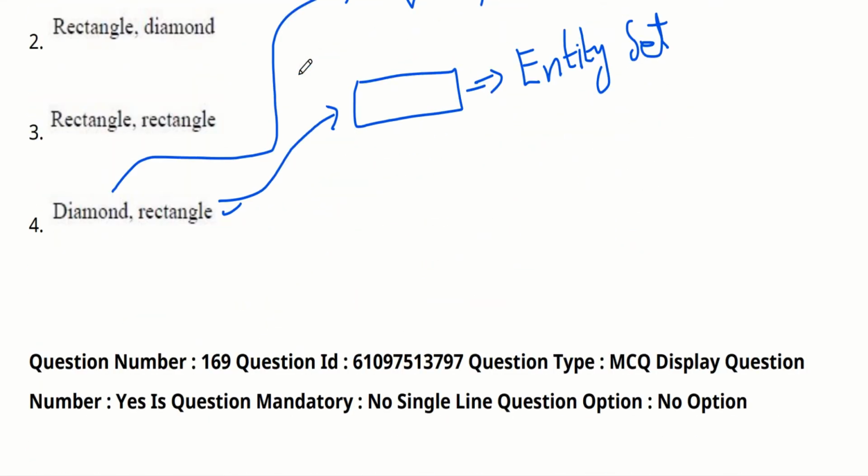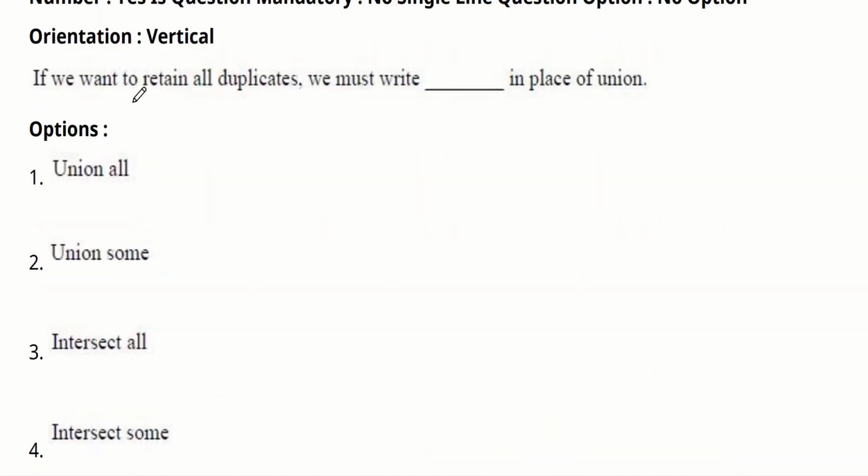The next question is, if we want to retain all duplicate values, we must write dash in place of union. The question is like that we have two or more tables with some duplicate values included in them. What should we do to retain all the duplicate values in the result set?